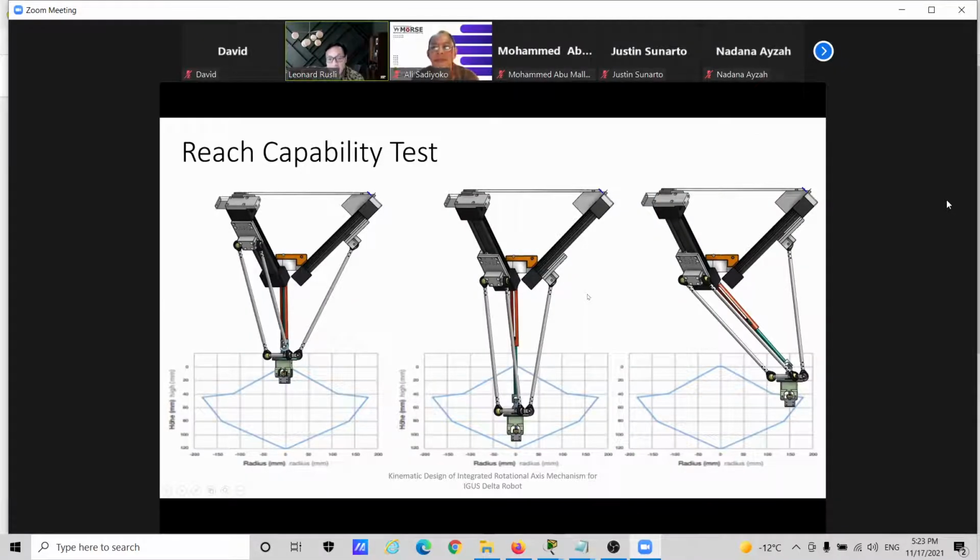So after the implementation and fabrication, we have done a reach capability test. The first one is at the extreme top of the working envelope. The second one is at the extreme low point of the working envelope. And so you see that the pin in the slot telescoping member will extend to its maximum length.